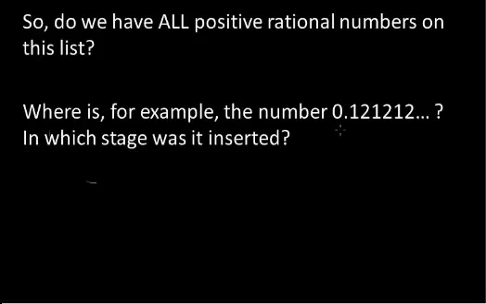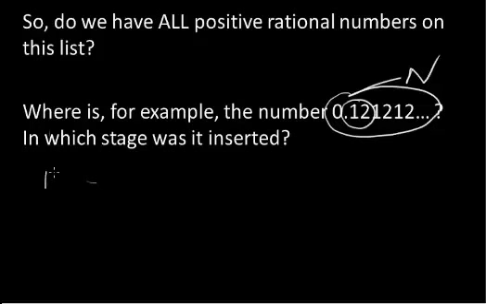Where is, for example, the number 0.12121212 repeating? Well, we know it's rational, don't we? It's a repeating decimal. So it is rational, and it has to be on the list. Well, this list is made using fractions, so we have to change this number into a fraction. Let me give it a name. I'll call it n. And you remember the way that we did this is, I like to look at the repeating part, and so I have to multiply by 100 to move the decimal point past the first repeating part.